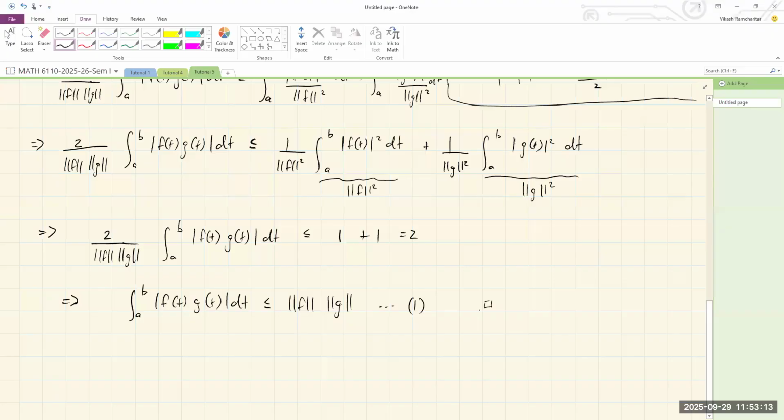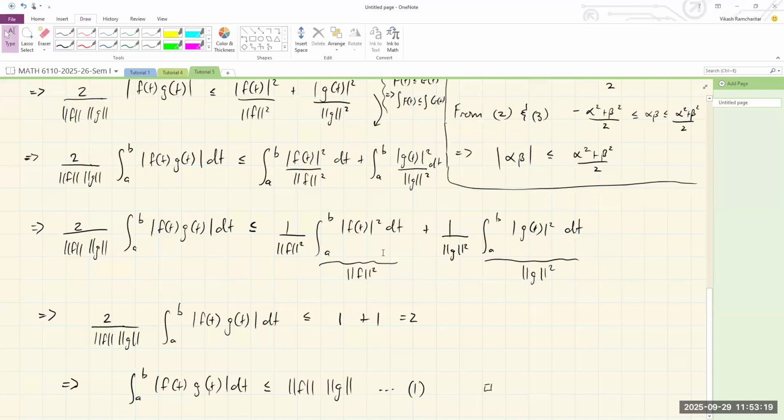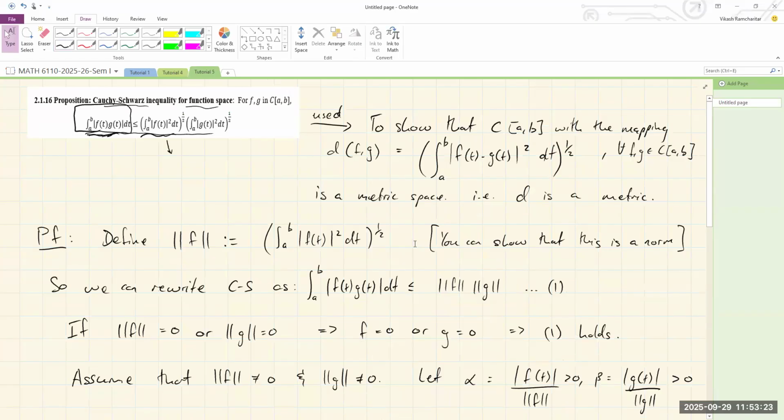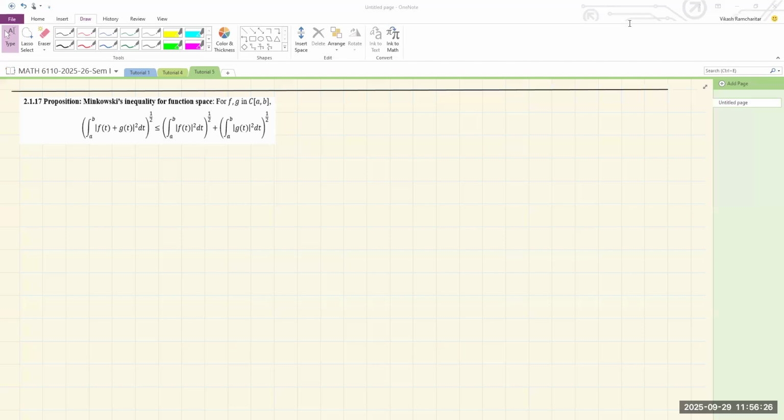So that's the proof of the Cauchy-Schwarz inequality for when we're dealing with this particular metric on functions. Now that we have the Cauchy-Schwarz inequality, what could we do with it?